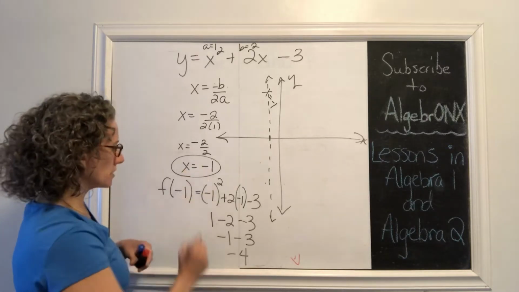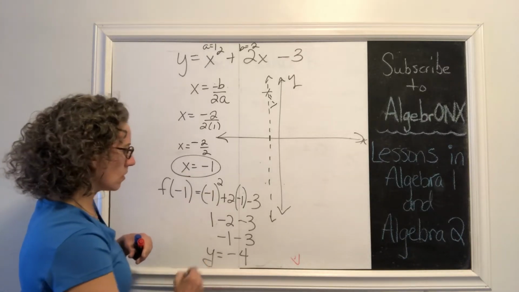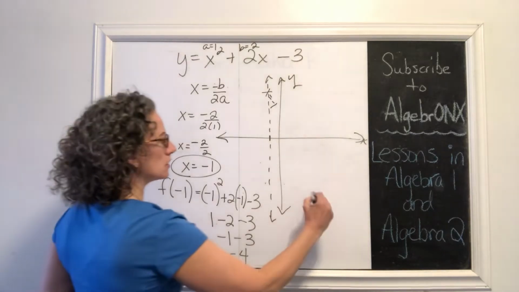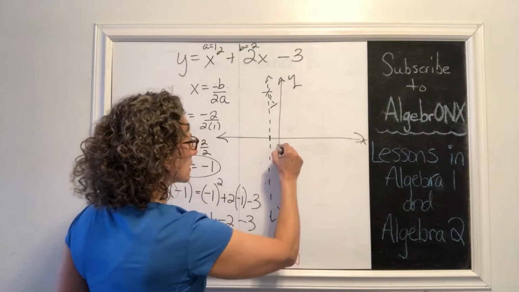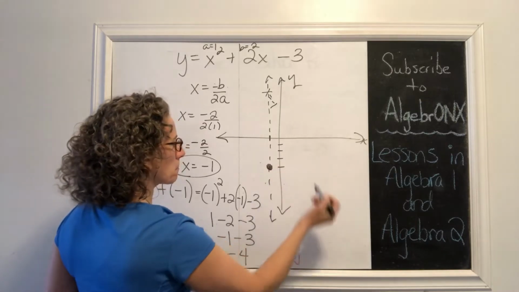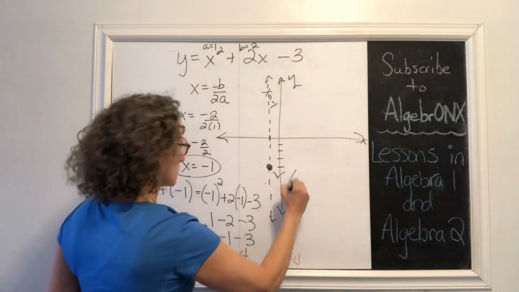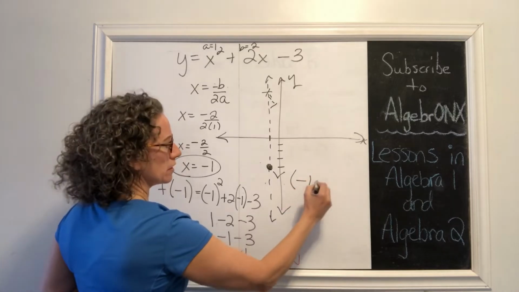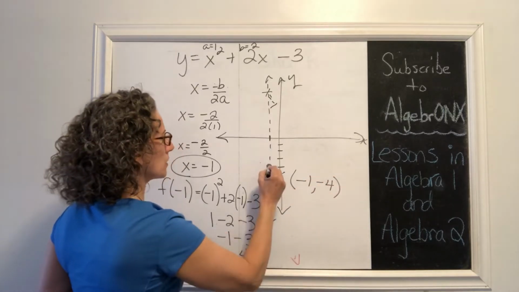So when x equals negative 1, y equals negative 4, which leads me to my vertex at negative 1, negative 4.